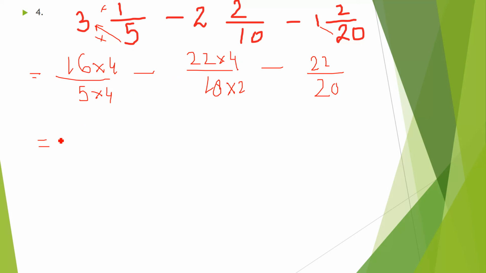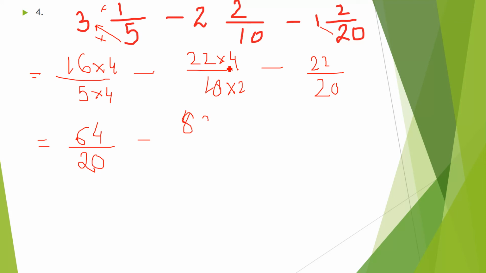So 16 times 4 is 64 over 20, negative 44 over 20.